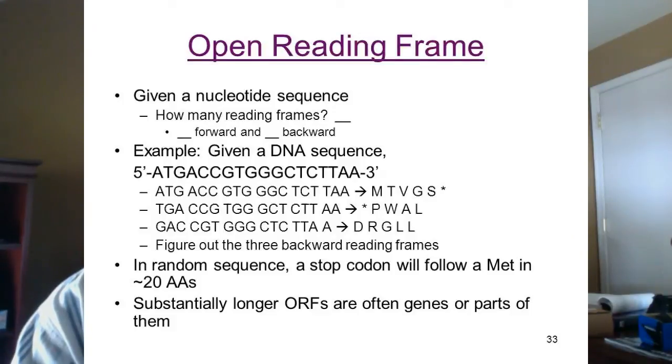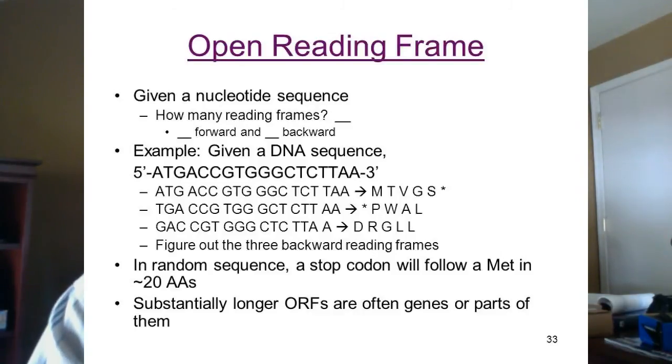And what if we went to the G, or the third nucleotide in the given sequence? Well, then GAC, CGC, T, GGG, etc. And notice a third completely different sequence.